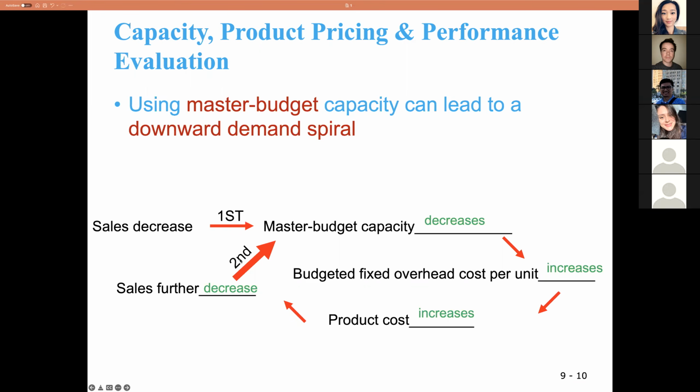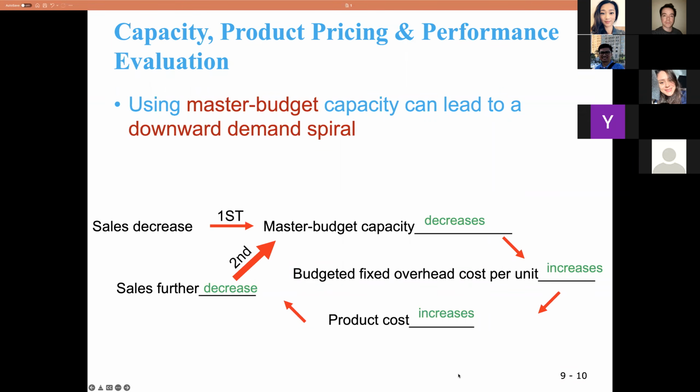And this is the second round. Did you see? This is the spiral. Do you see why it's called a spiral? The sales decrease in the first round, and then you see this spiral going around, the sales further decrease, and then it starts the second round, just going around in a spiral. Does this make sense?